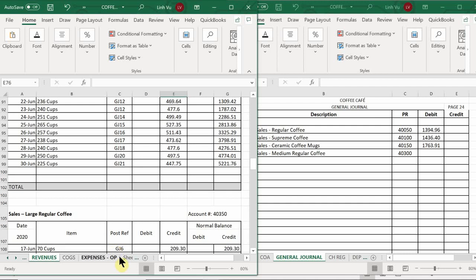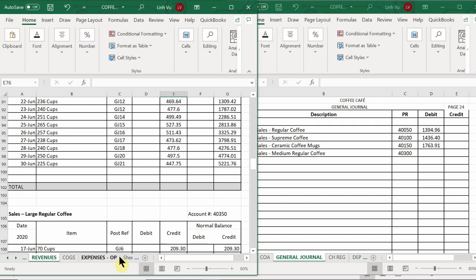How much do we need to debit this account for? $5,221.76.